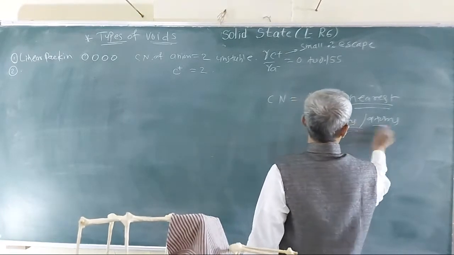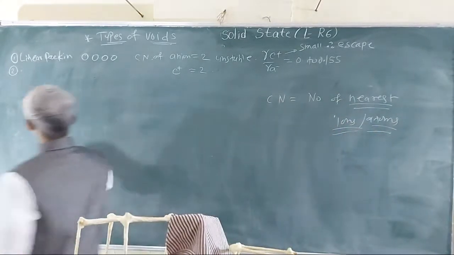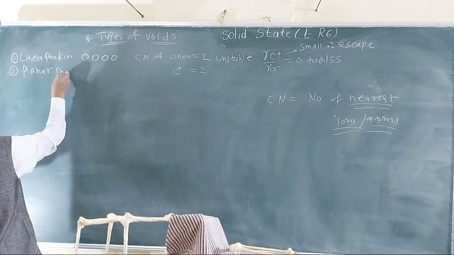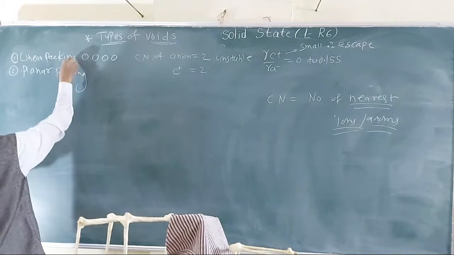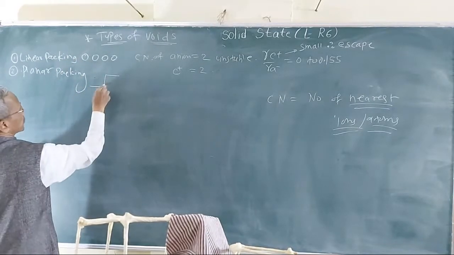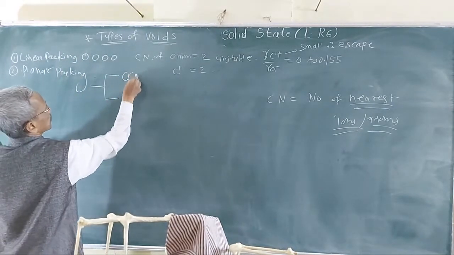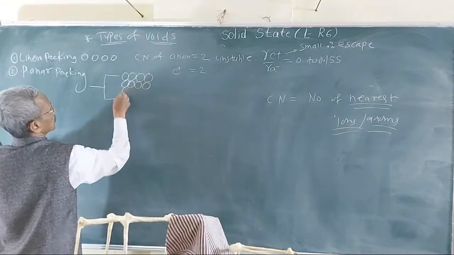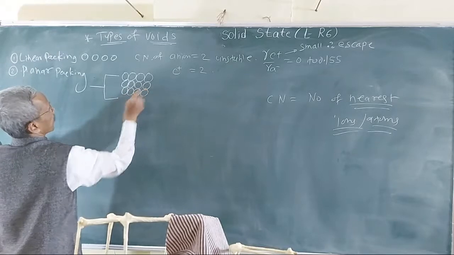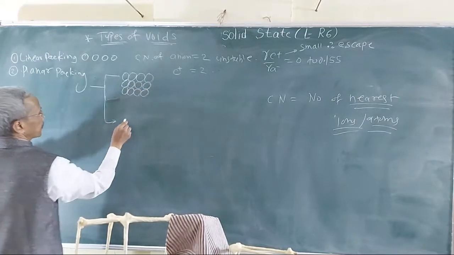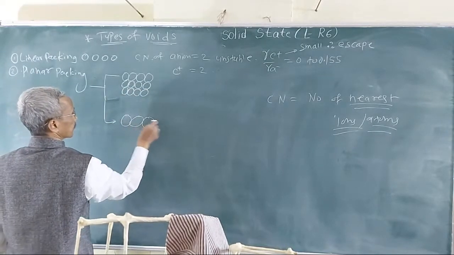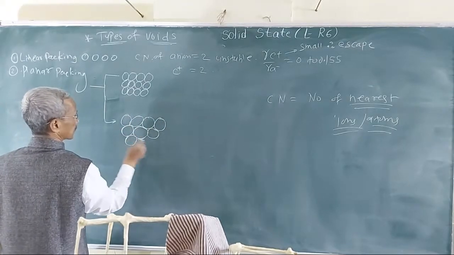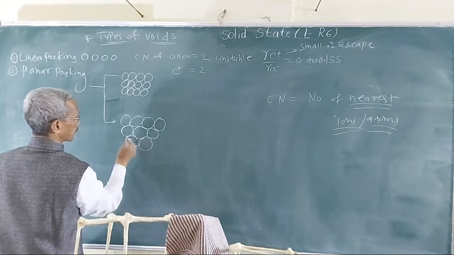So here in the planar packing, there are two types. One is like this. This is the second type, where 1, 2. In the depression of these two, there is one like this.